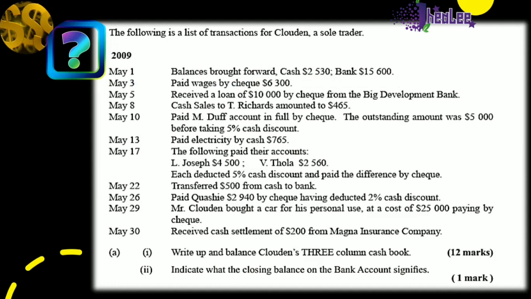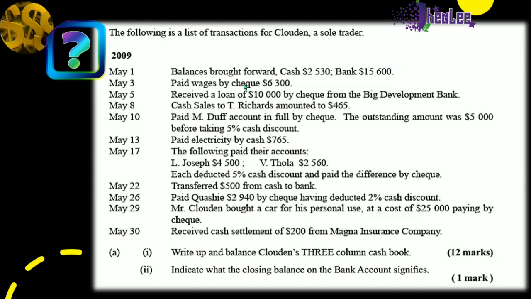If these are balances, and we're looking at cash, which is an asset, bank, which is also an asset, and there are balances in these books, should we make a debit entry or a credit entry to the cash book? Because they're assets, asset carries a debit balance, so we're going to make a debit entry in the cash book.